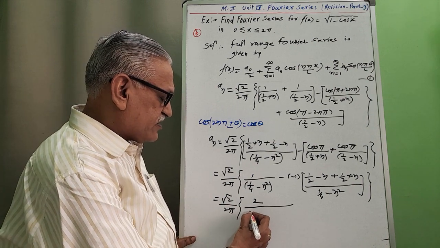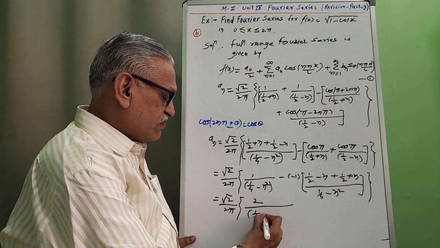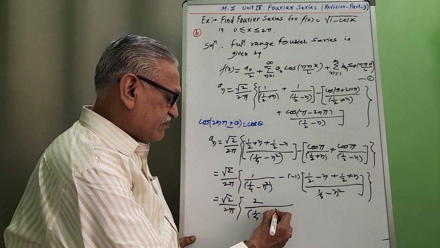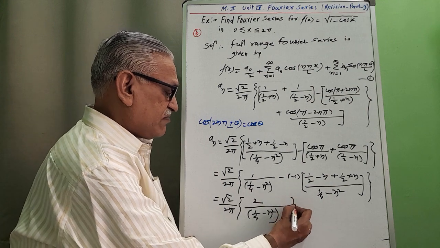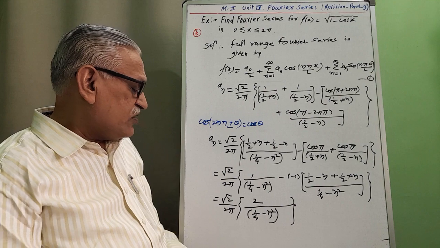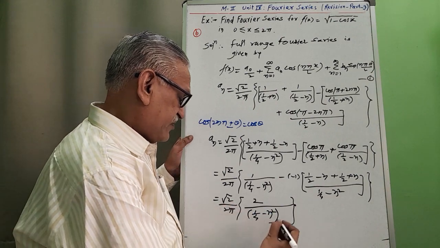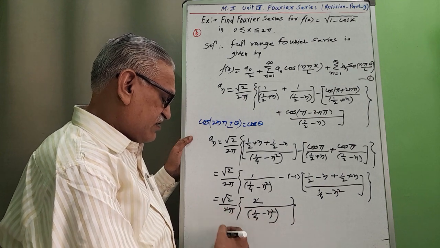Therefore adding the numerator terms or finding the LCM, we get 1/4 minus n square. And therefore cross multiplying it by 4, this 2 gets cancelled.